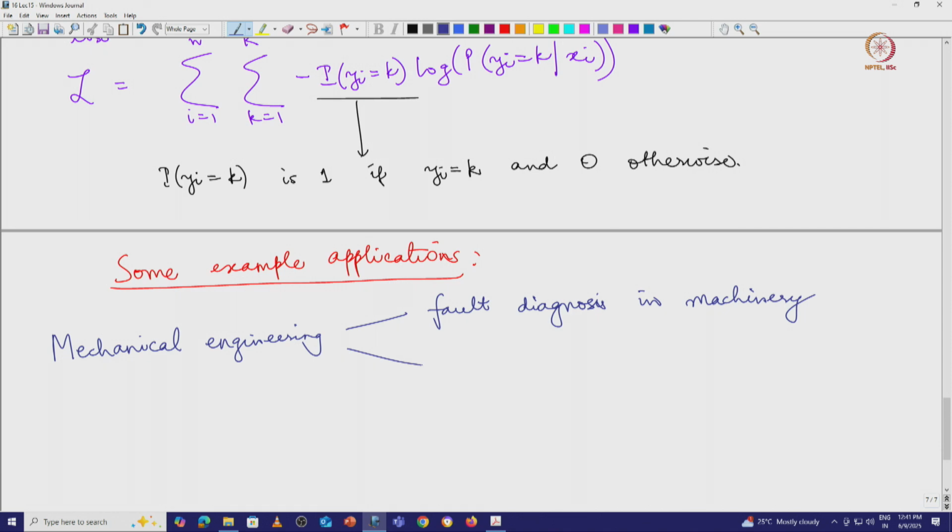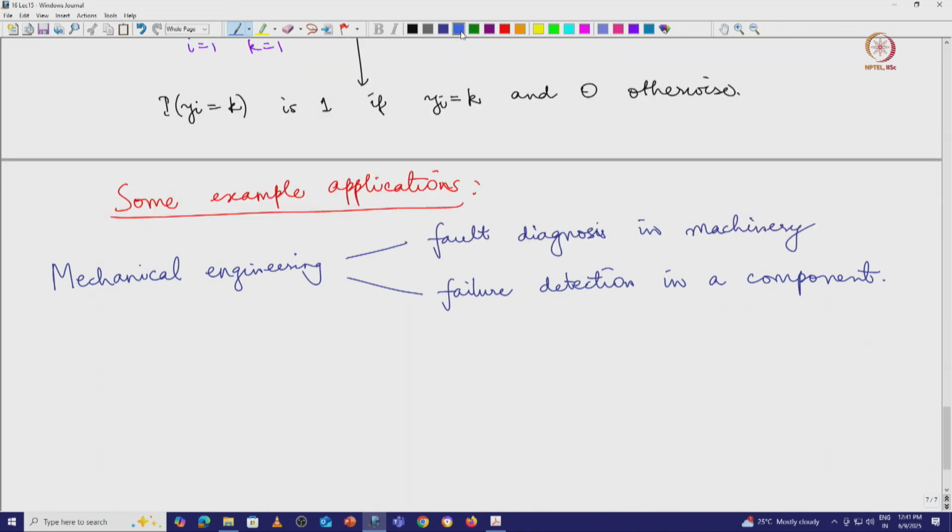Or you may want to understand failure detection in a component. There may be a component in a certain system and you want to detect whether it has failed or not, again based on various operating conditions and process parameters. In the realm of civil engineering, one potential example is soil type classification.